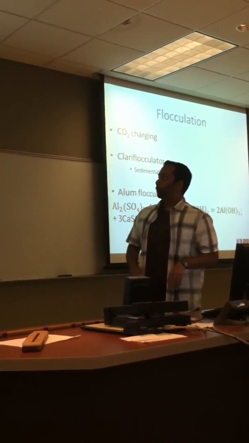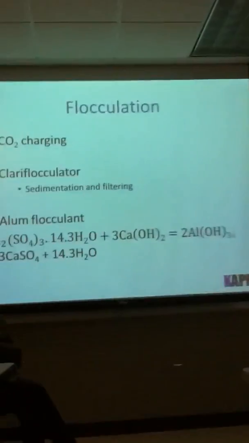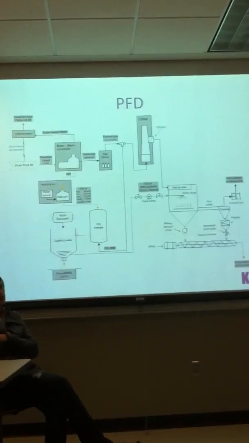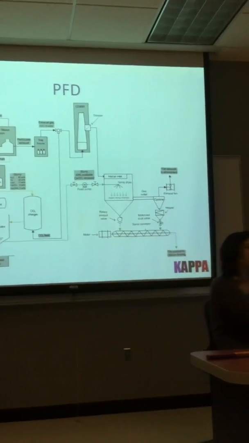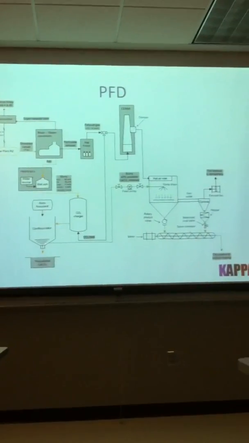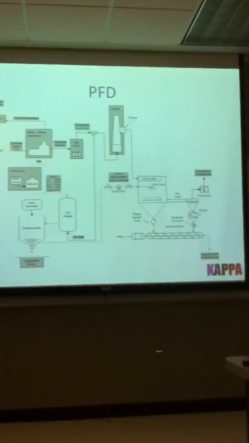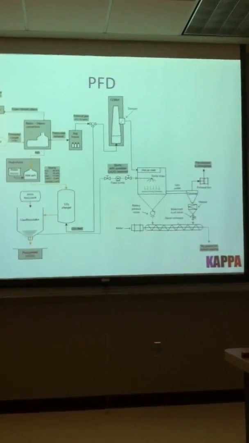What we've done this week is come up with the process flow diagram, and to talk more about it, this is most of our process flow diagram. It has all of what Jibin is talking about with the flocculation.